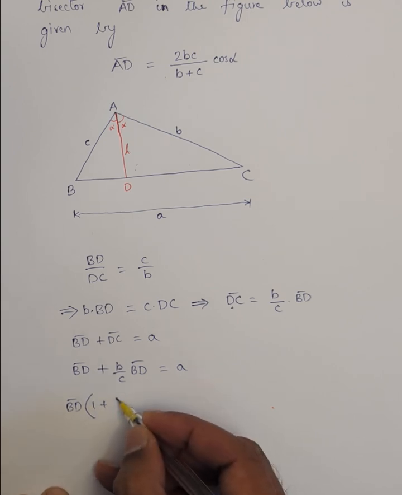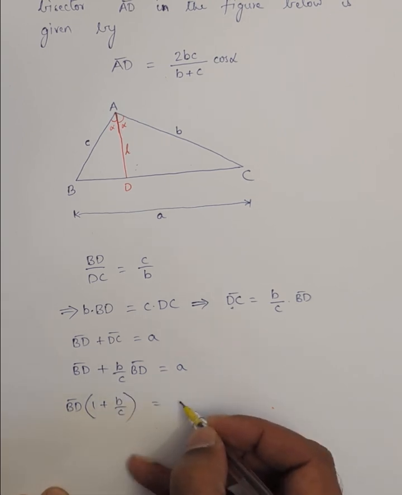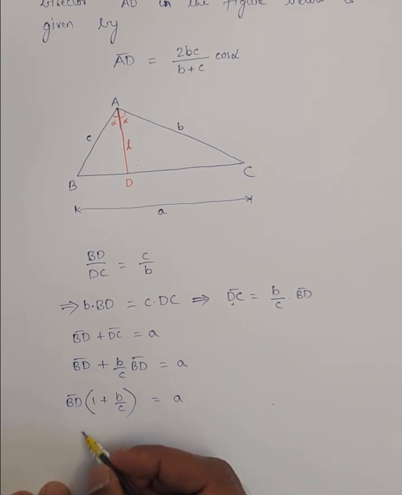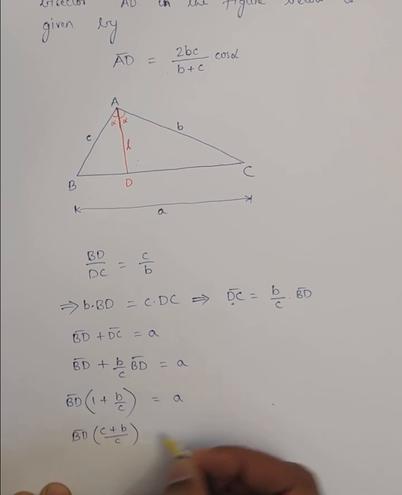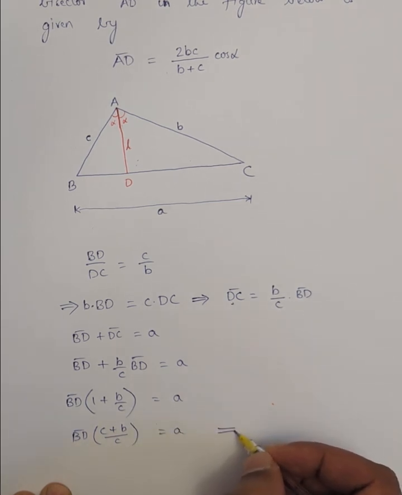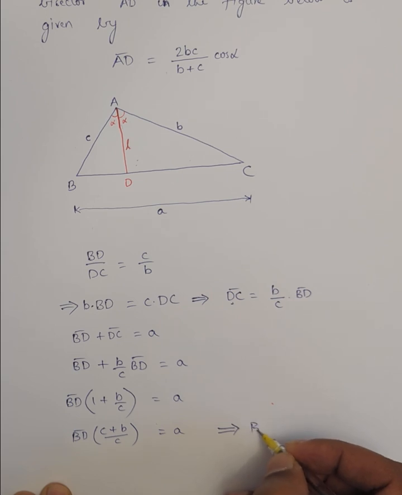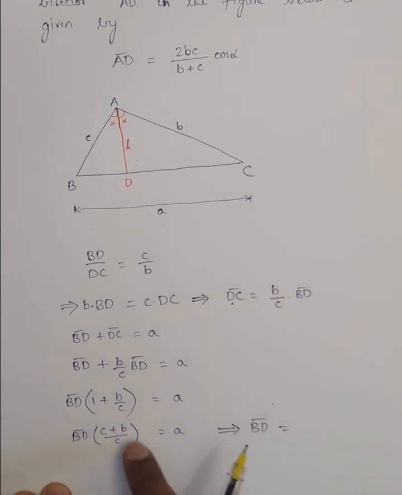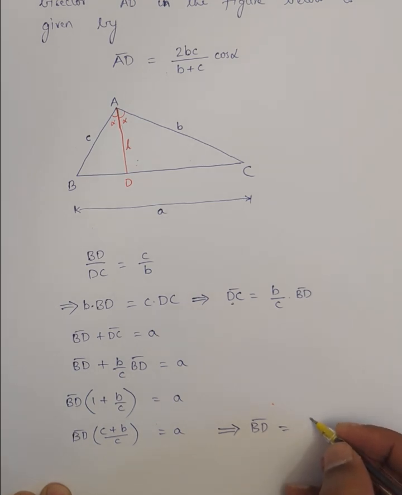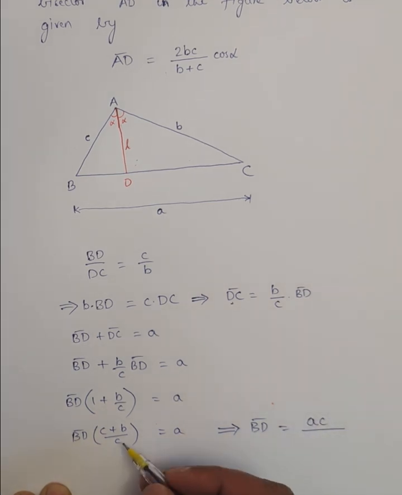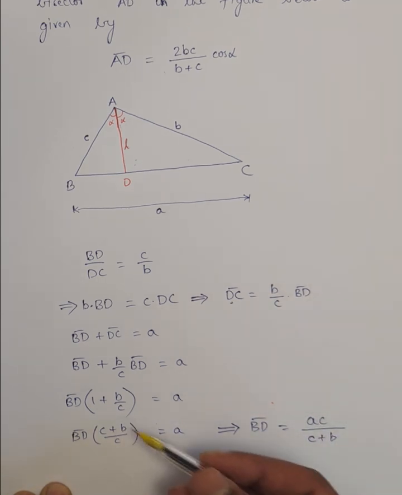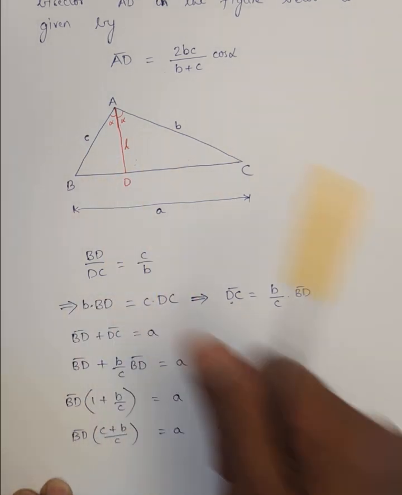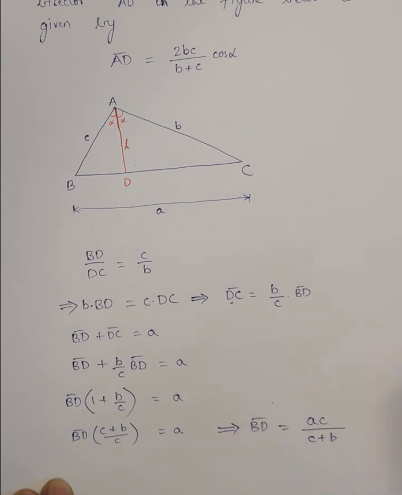Then it would be BD times 1 plus B over C is equal to A. And we can simplify inside the parentheses. I will have BD times C plus B over C is equal to A. Let's write down BD: you multiply by the reciprocal, so BD is going to be AC divided by C plus B. So this is what we are going to use. BD is AC over C plus B.